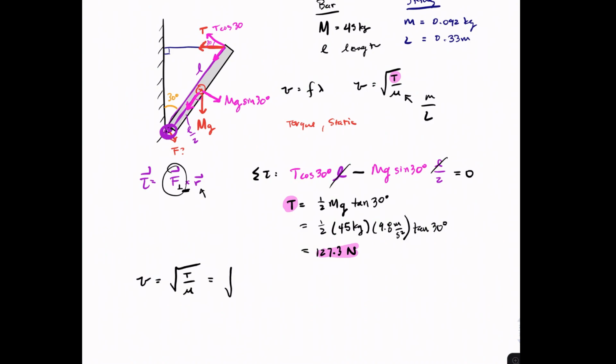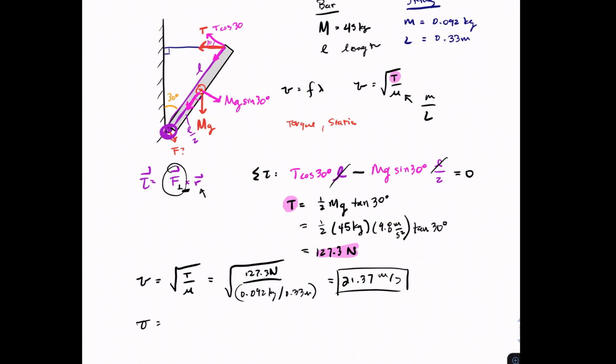So we take 127.3 newtons over 0.092 kilograms divided by 0.33 meters, and that equals 21.37 meters per second.